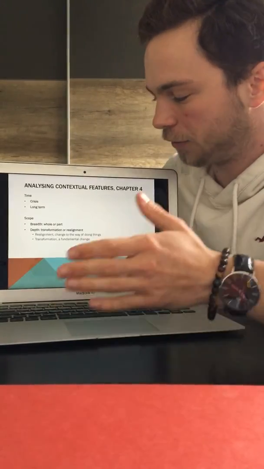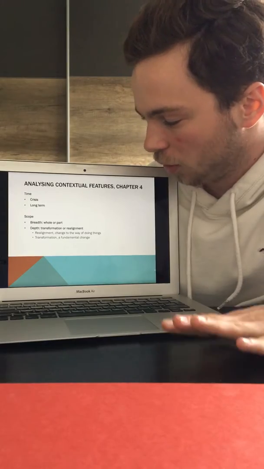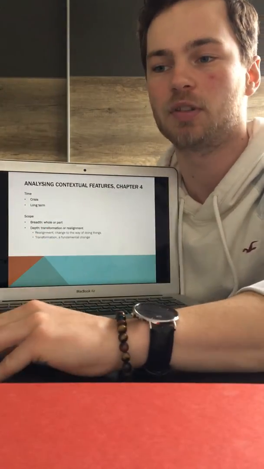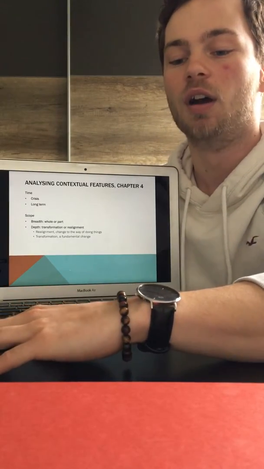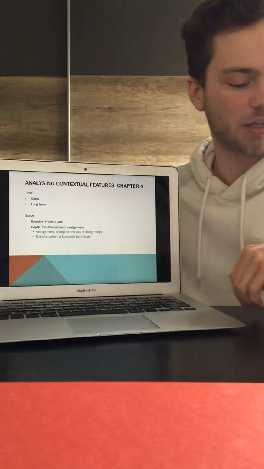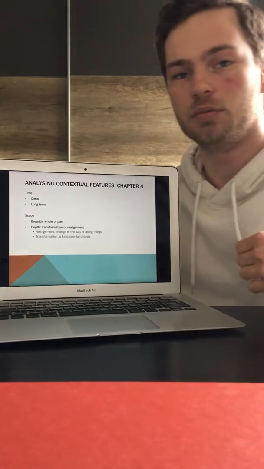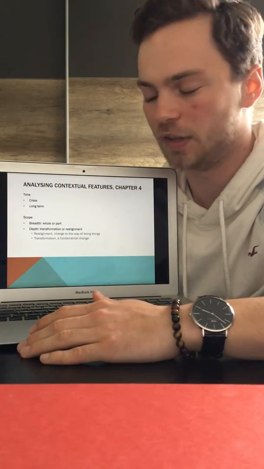Second one being the scope. So you have the breadth of the scope, which is the whole organization or part of the organization. You might have to change one department that isn't cooperative in the change or doesn't have the required mindset, or do we have to change the whole organization?